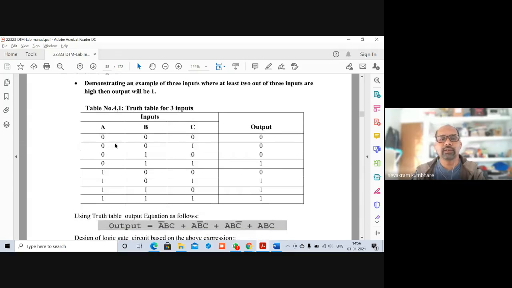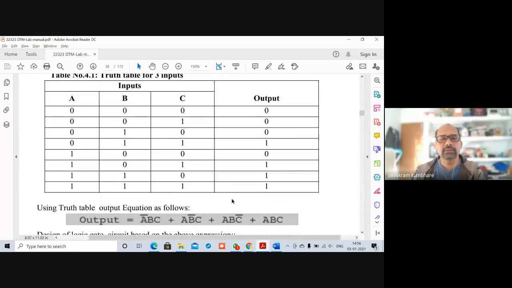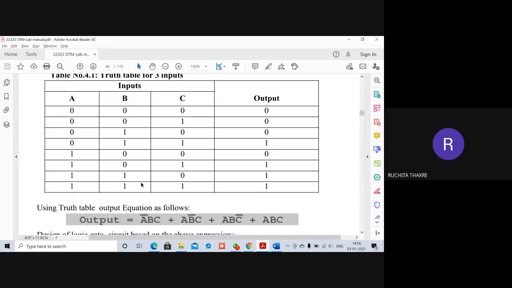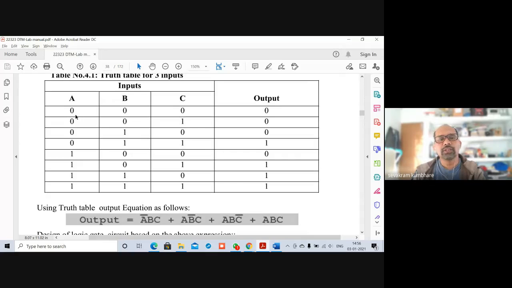And this is the expression for that. All of you are able to see this? Yes, sir. So what is done over here in this combination 0, 0, 0? How many 1s are there? Please reply. How many 1s are there?